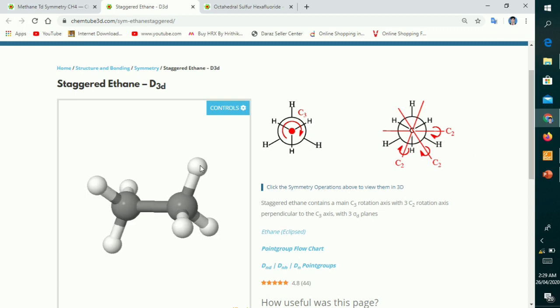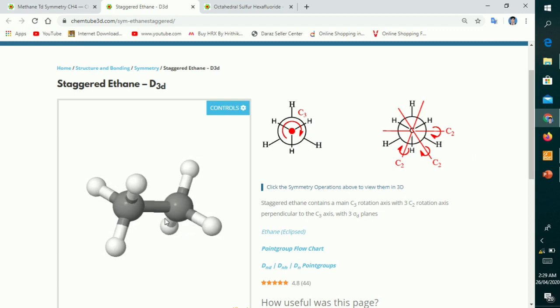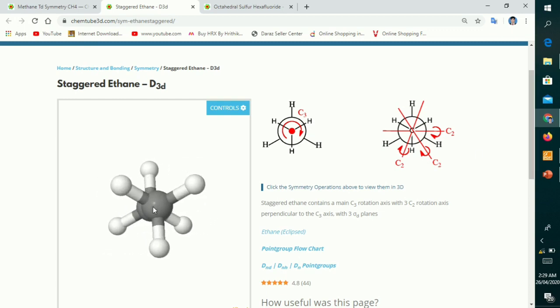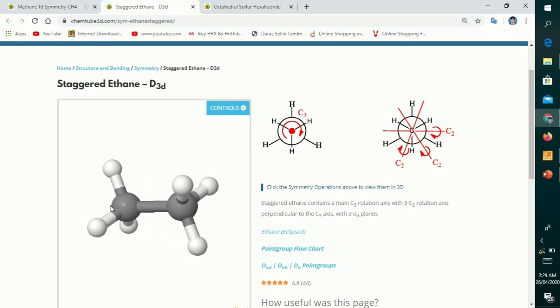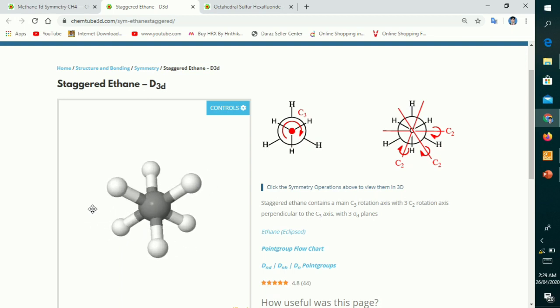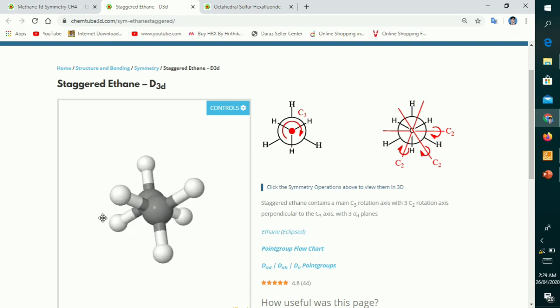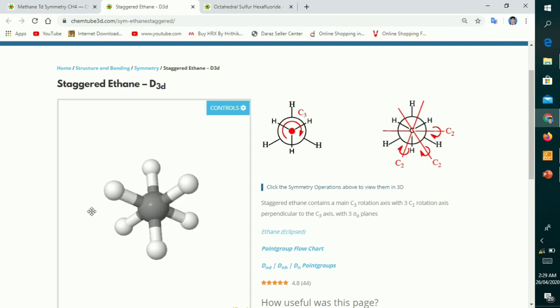I would like to give you a clear picture of staggered ethane. Yes, this is what we have shown you in the different slides. This is exactly the same structure.